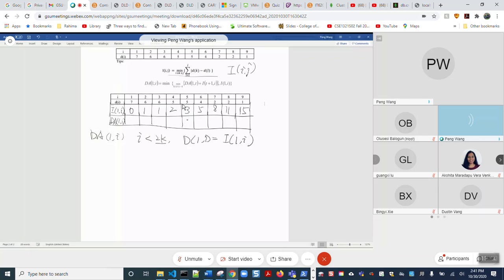So 2k here is 6. So from 1 to 5, we can directly put it down: 0, 1, 1, 2, 3. And then we calculate this dA16.